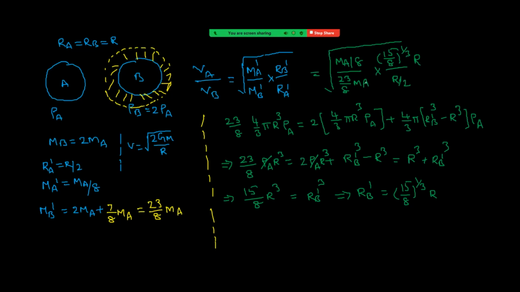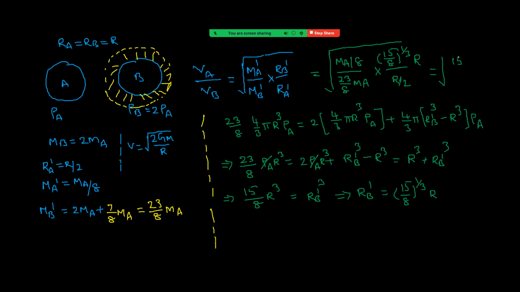Okay. So MA cancels, 8 cancels. Remaining is now root of, here 23 is left. You can see here 8 power 1 by 3 becomes 2. 2 and 2 get cancelled, R gets cancelled.